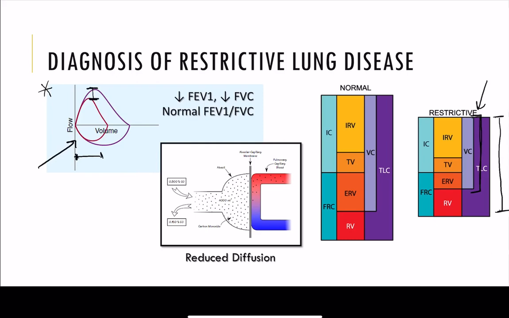If the reason your maximal flow rates are as high as they are is because you have maximal elastic recoil because you filled your lung so big, an individual who can't fill their lung as big has less contribution of elastic recoil simply because they're at a lower lung volume, and that results in a lower maximal flow rate.